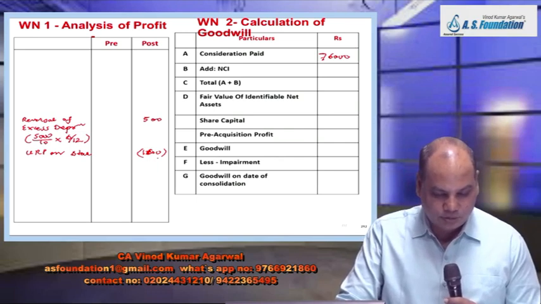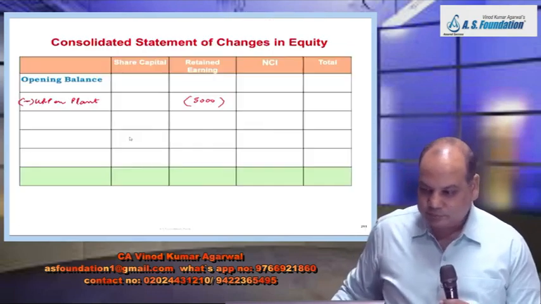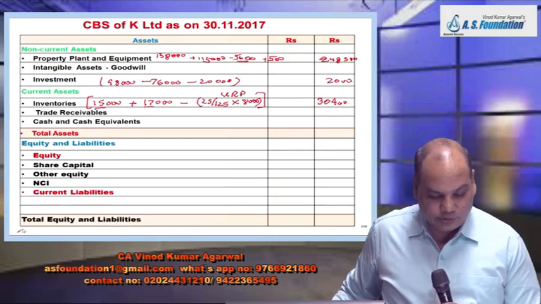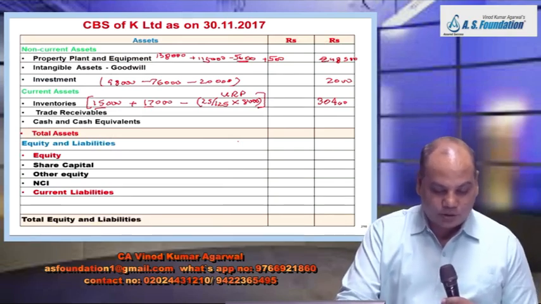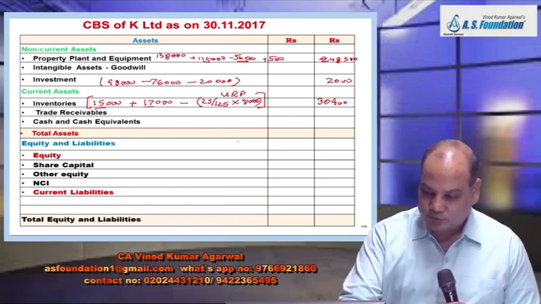Dear student, continue. Receivable. Read the adjustment below. Adjustment number 7. Included in K receivable is rupees 4,000 relating to inventory sold to us. So 4,000 I will reduce here first.